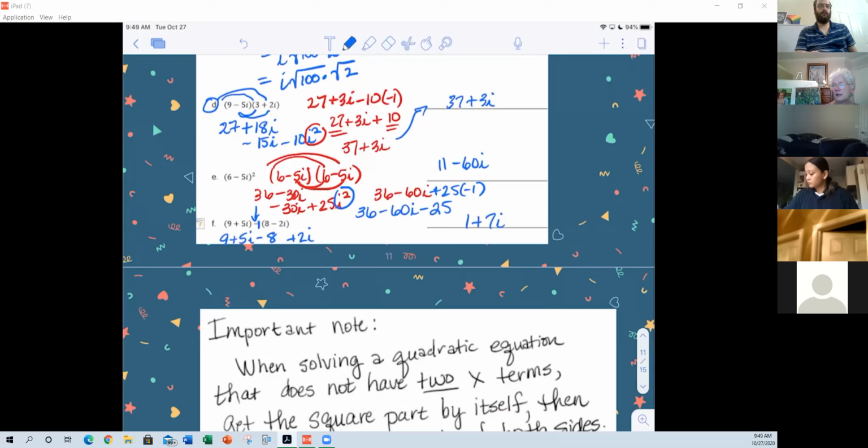Because when we're adding or subtracting complex numbers, we just combine the real parts and then we combine the imaginary parts. Any questions about any of those? Any confusion?